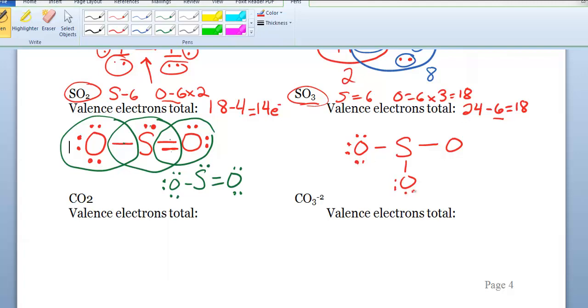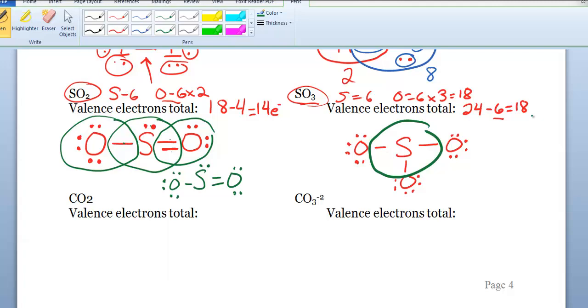And as I do this, I realize that all of the oxygens will have 8 electrons around it, but sulfur in the middle only has 6 around it. So let's take a look at that and say, okay, that has got to be fixed. 2, 4, 6 is not enough electrons for that sulfur in the middle.